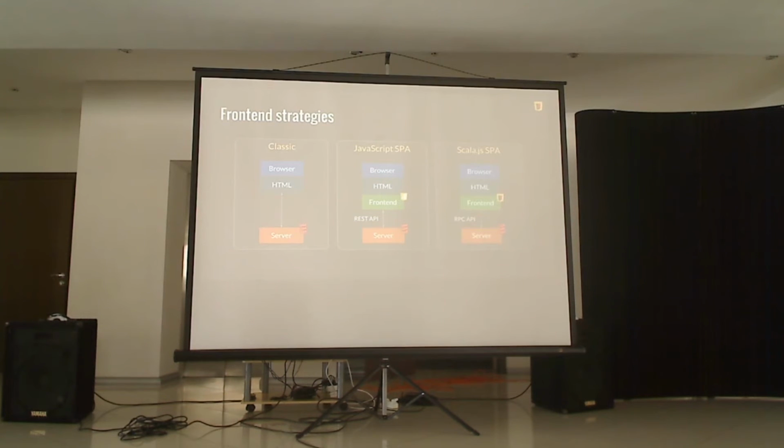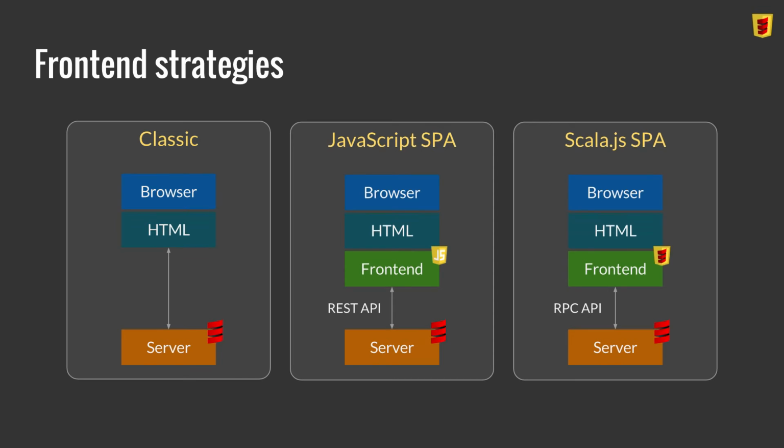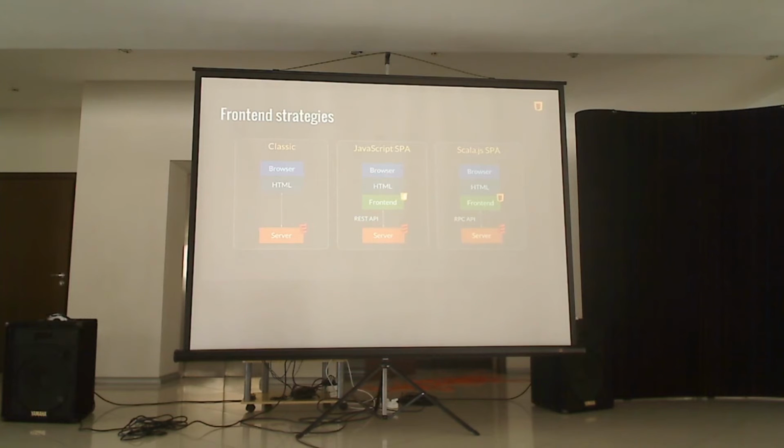With Scala.js, you can basically replace your front-end JavaScript with Scala. And with that, you can get benefits like sharing code between client and server, and having a more RPC-like API, like in microservices where you can call microservices directly by using Scala APIs.